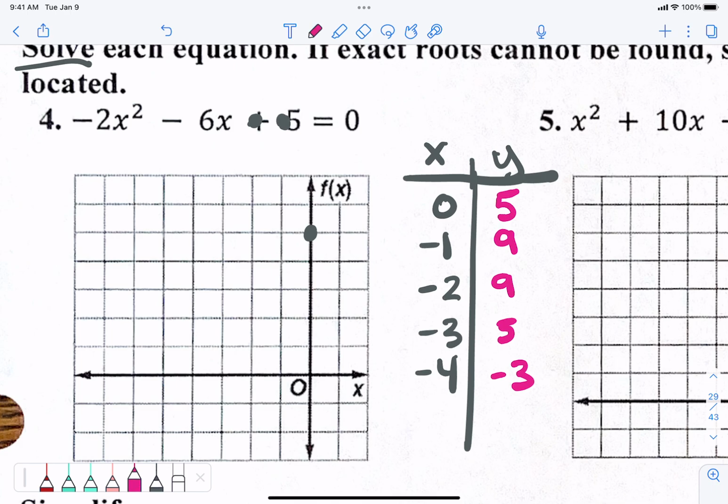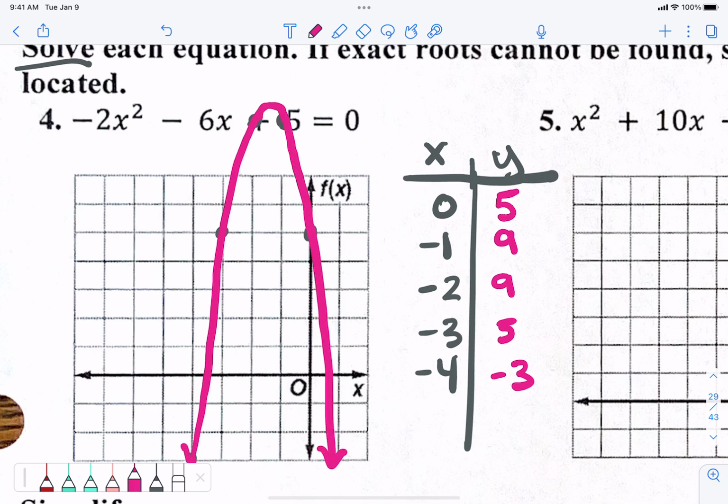The vertex is going to be like this little hump in between them, right? You see that? Then we're back at 5 again, and then at -3 is down here. So my parabola looks like this. Something like that.